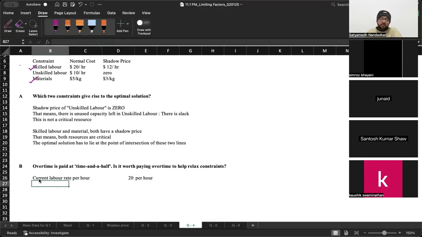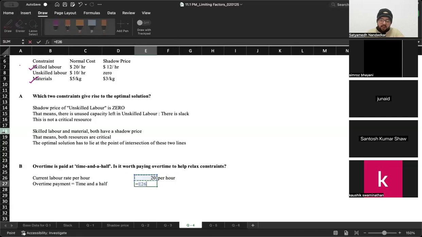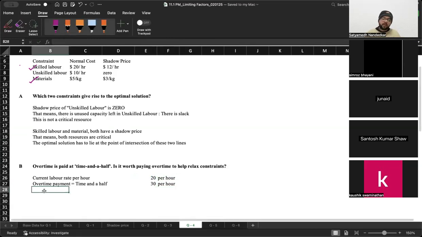They are saying overtime is paid at time and a half. टाइम एंड हाफ मीन्स अभी आप कितना दे रहे हो? अभी यू आर पेइंग 20 पर आवर. 20 इंटू 1.5 दैट इज 30 पर आवर. ठीक है. करंट लेबर रेट पर आवर इज 20. ओवर टाइम पेमेंट इज टाइम एंड हाफ.